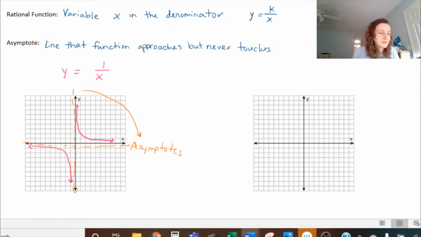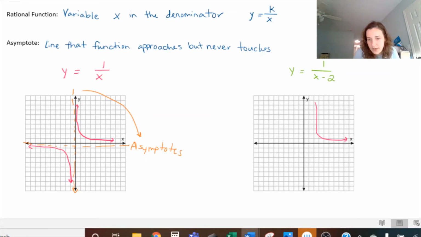And so we could do another example here. What happens though if we start adding some additional values? So for example, if now I have 1 over x minus 2, well, that's going to shift your asymptote over. So here my asymptote is going to be at x is equal to 2.